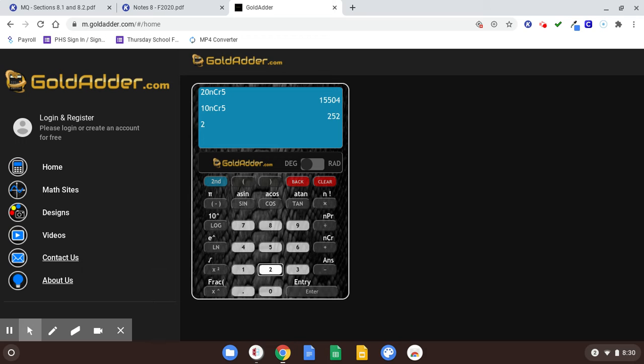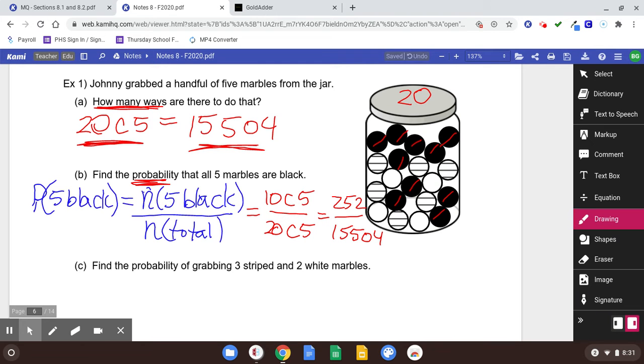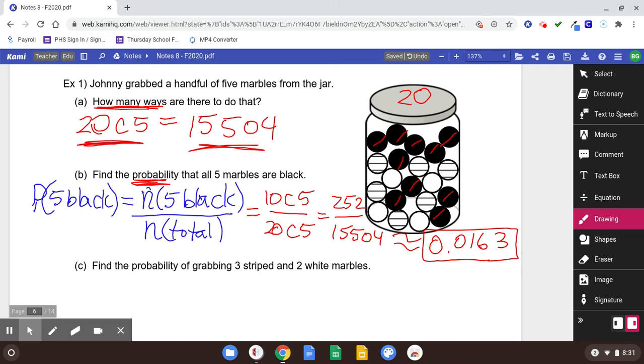I'm just going to divide and get a decimal. I would much rather see a decimal. I like 4 decimal places. So 0.0163 is probably what I would prefer.